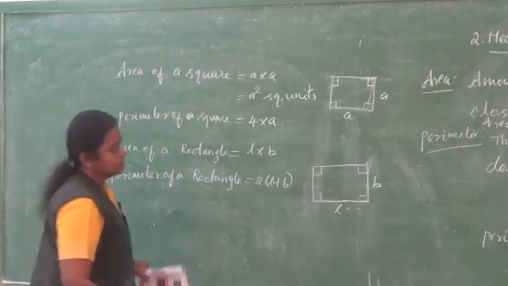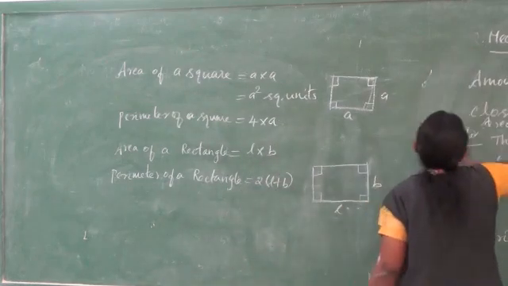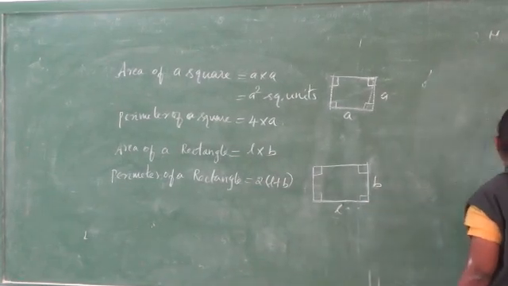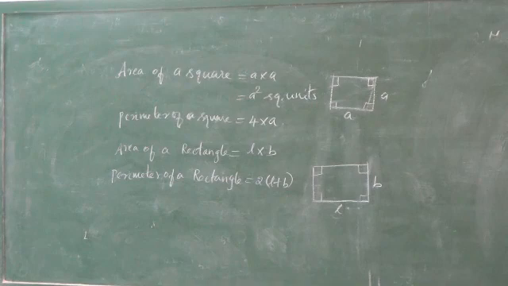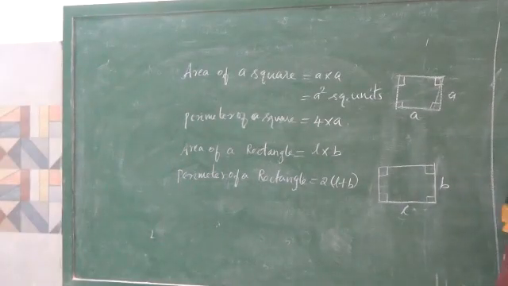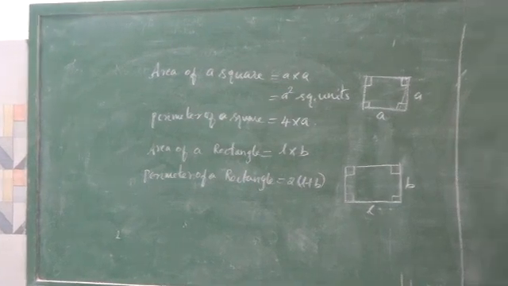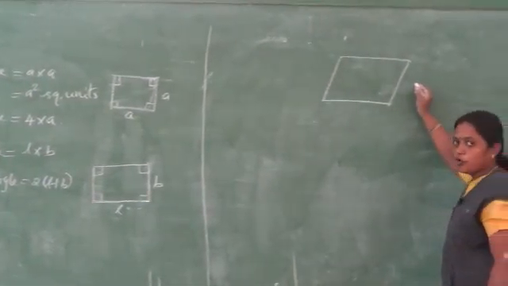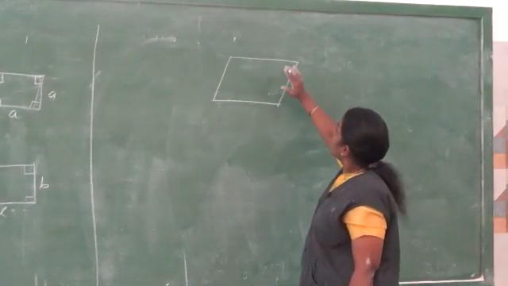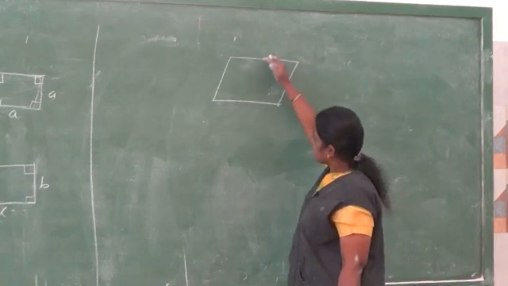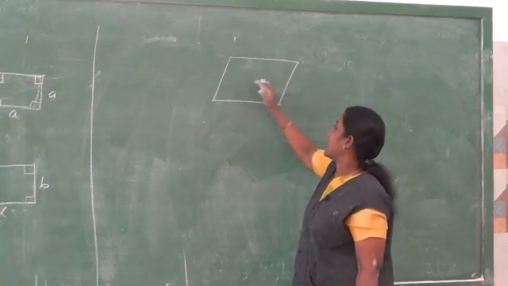From that rectangle, now I am going to define the area of a parallelogram. Now this is a parallelogram. A parallelogram is a four-sided shape in which opposite sides are equal and parallel.